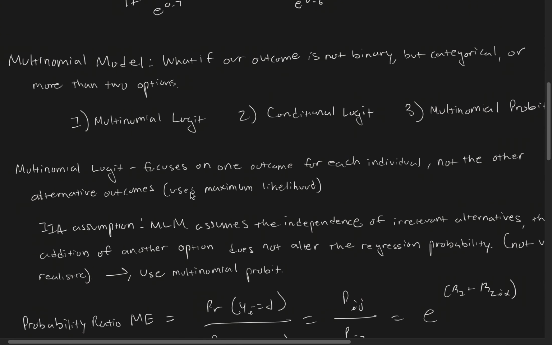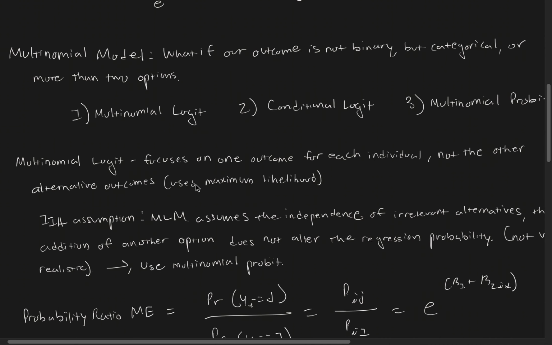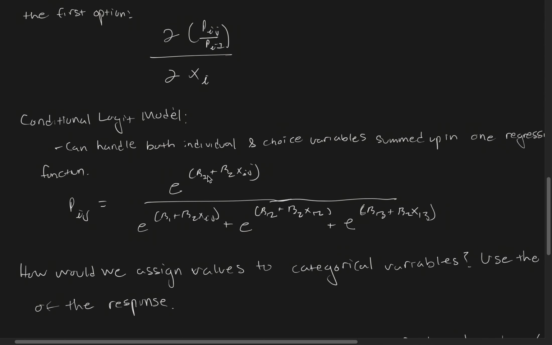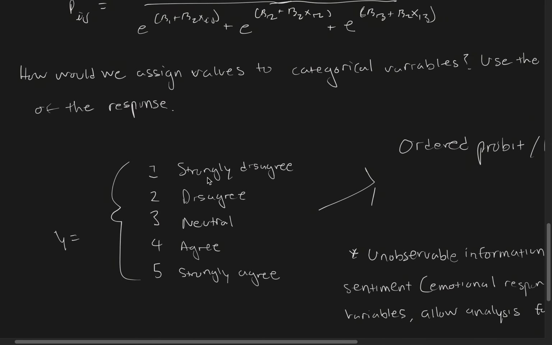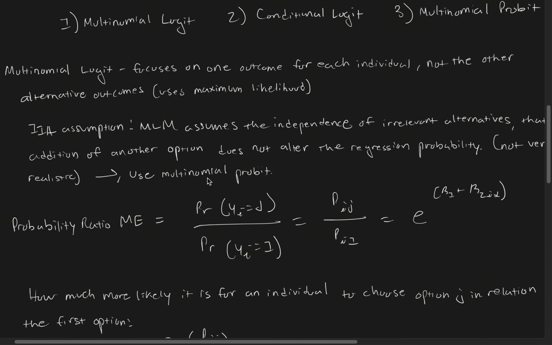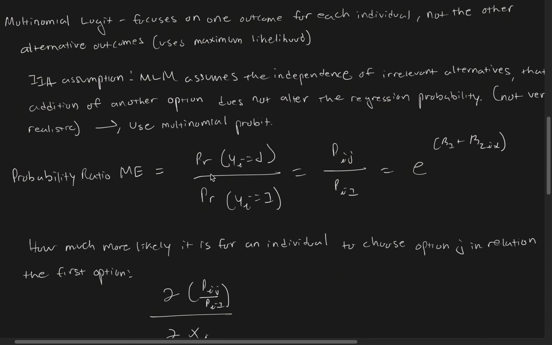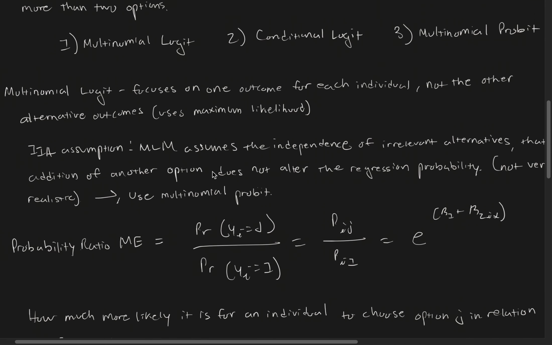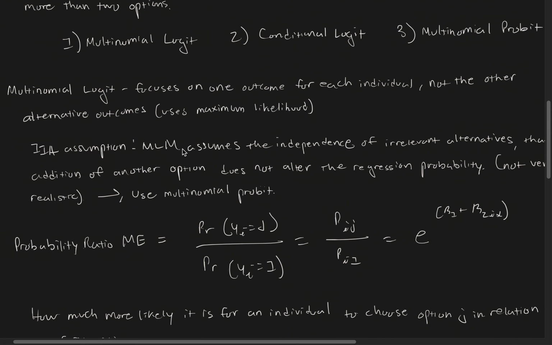The multinomial Logit focuses on one outcome for each individual. Now, there are some mathematical notations here, but I wouldn't advise you to focus on that, because one, it's not the most clear in the way I've written, and two, it's more important to understand conceptually what I'm trying to teach.